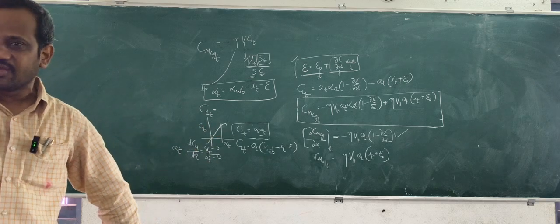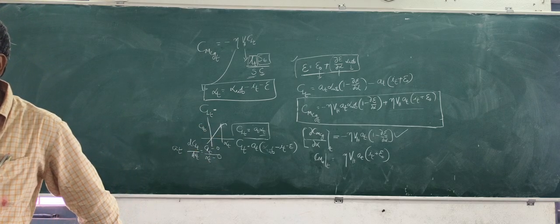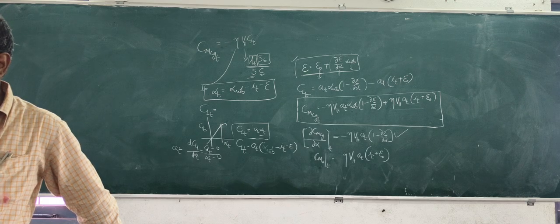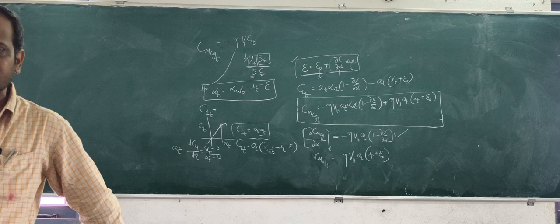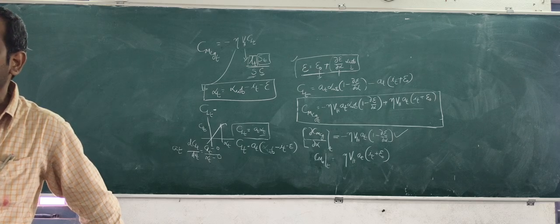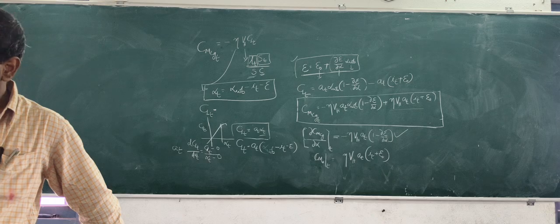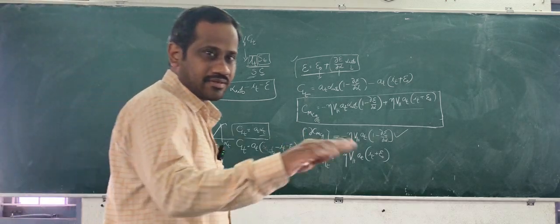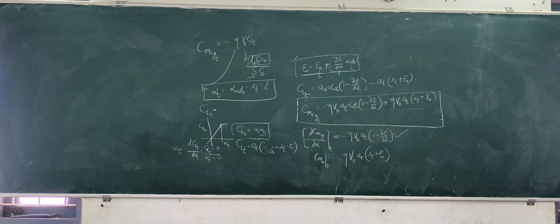Suppose if you set the tail opposite or above the fuselage reference line, what will happen to CM naught? CM naught becomes negative. Contribution of wing itself is negative. Tail contribution also will become negative if the tail is set above the fuselage. So this is the reason. So we need to set the tail below the fuselage reference line by an angle IT.